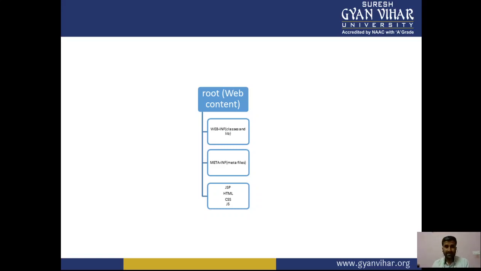Classes and libraries are available with the WEB-INF folder and the META-INF files. And if you are creating JSP, HTML, CSS, or JavaScript, then you can use web content. This is the best way to create any kind of JSP page, HTML, CSS as well.